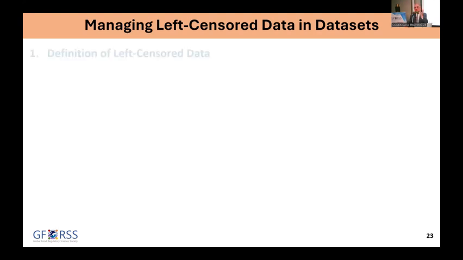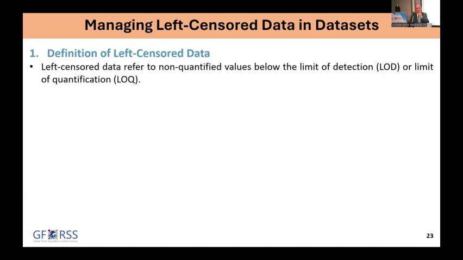So left censored data is more about non-quantifiable data, okay? So it's values that are below the LOD or below the LOQ. So we don't have numbers in our data set when a major part of our data set is not quantifiable. So we just put less than 1.0 or ND, not detectable. Okay, this is what we call left censored data.